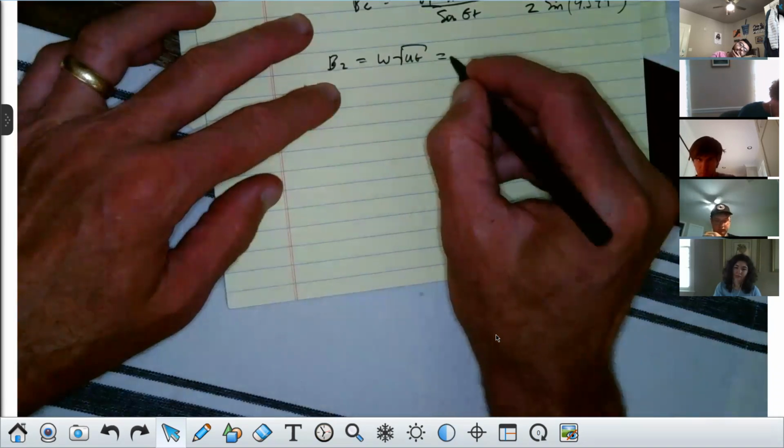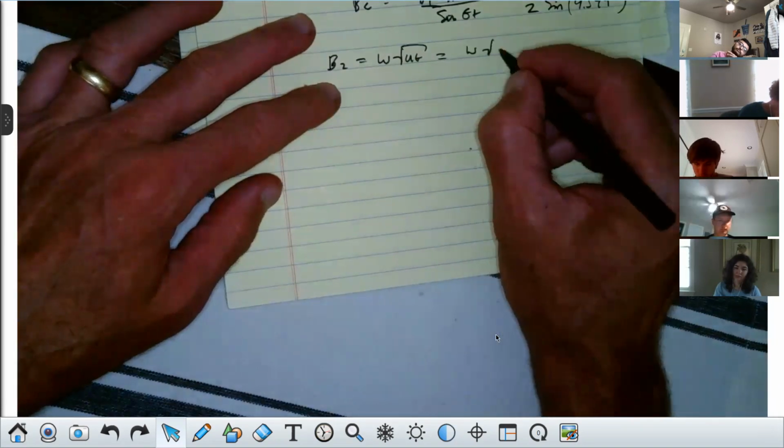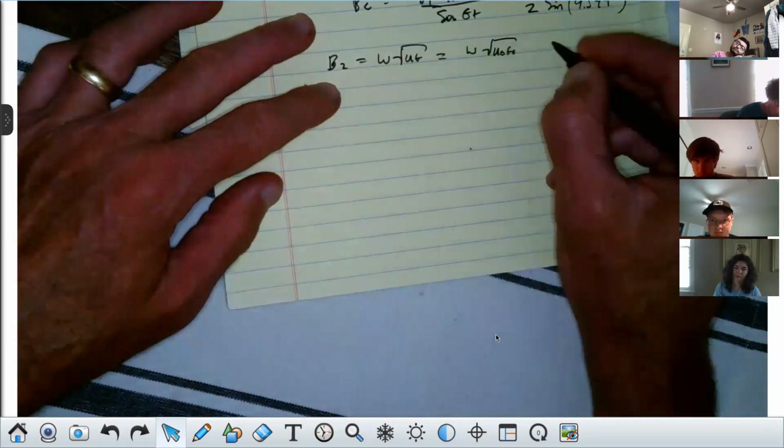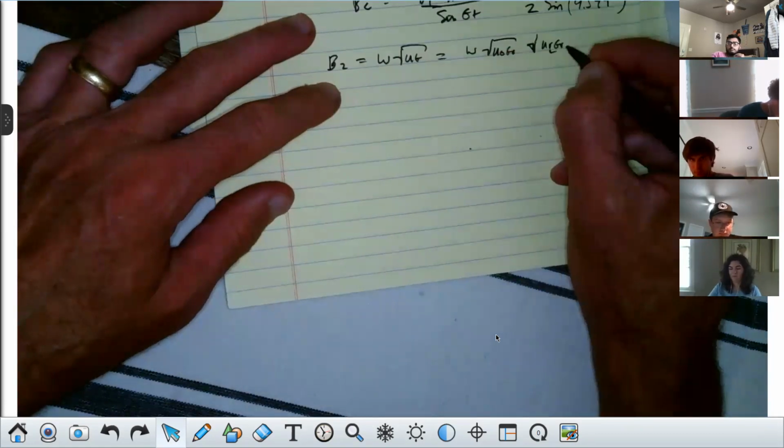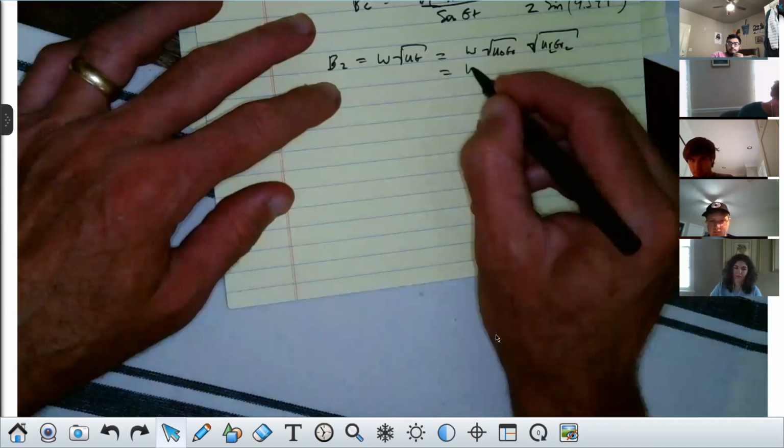That's equal to omega times square root of mu naught epsilon naught times square root of mu relative epsilon relative in region 2. That's omega over c.